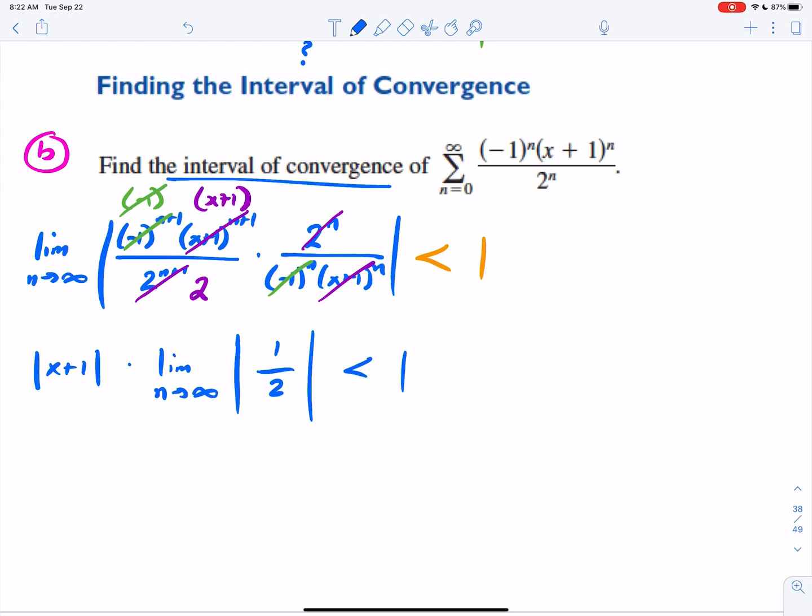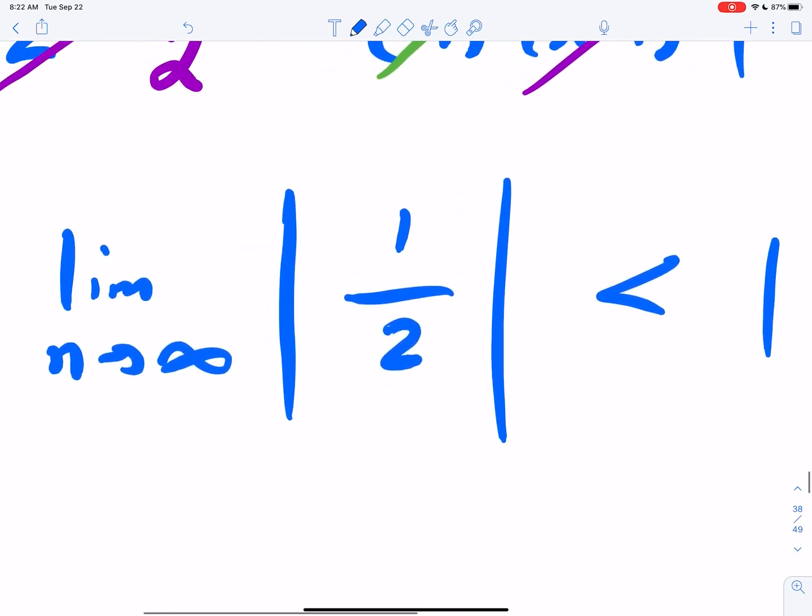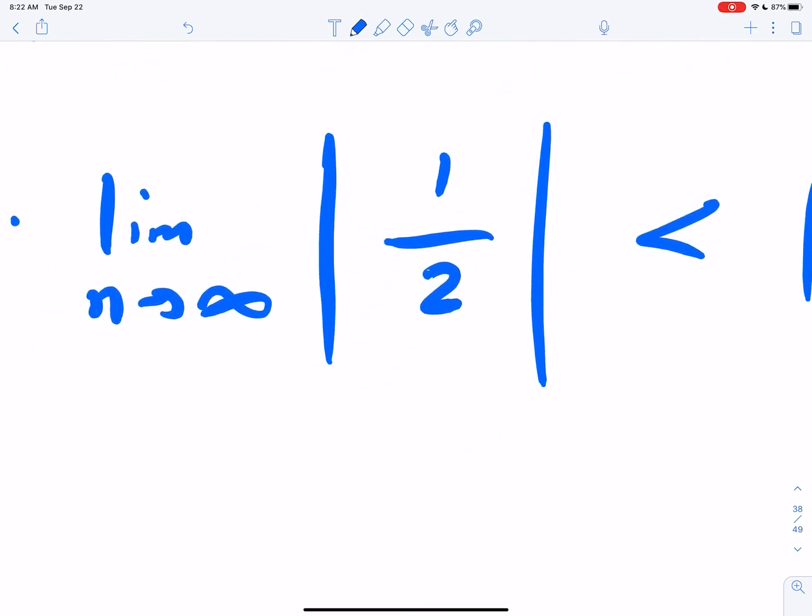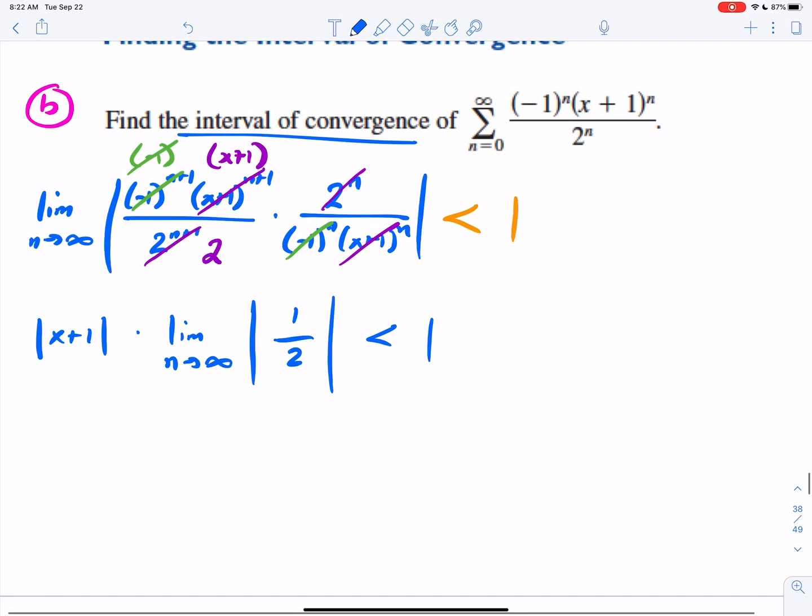Okay, I think I have everything here. I'm just double checking. Okay, so the limit of 1/2 as n goes to infinity, well, 1/2 is a constant. So regardless of where n goes, this 1/2 will always be a 1/2. Okay, I'm going to bring everything else down.